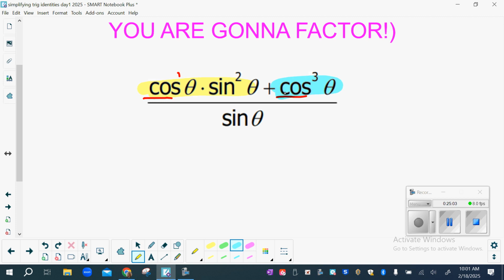Is there something that the yellow stuff and the blue stuff have in common? Is there a word that they have in common? Cos. So I am going to take out the word cos. What I'm left with is sine squared, right?